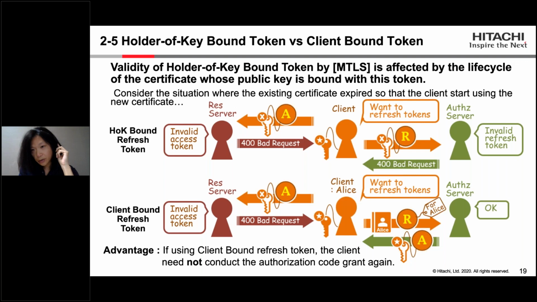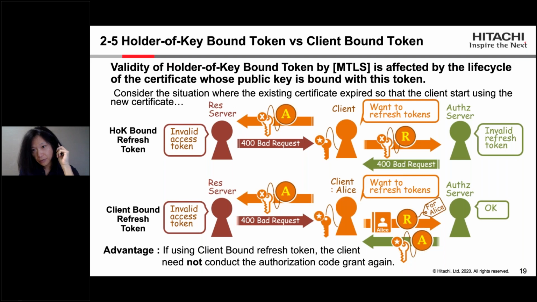So this client may try to refresh tokens by sending the holder-of-key bound refresh token to the OAuth server. But this request also fails for the same reason. Then this client needs to do the authorization code grant again, which may require end users to re-authenticate and authorize their resource access, which may annoy the end users.